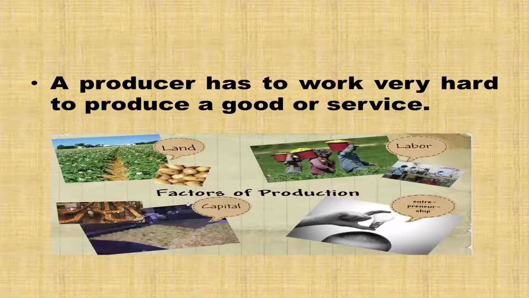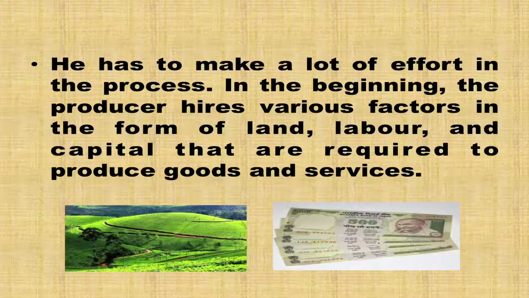A producer has to work very hard to produce a good or service. He has to make a lot of effort in the process. In the beginning, the producer must arrange money to organize the production activity. We have already said that various factors in the form of land, labor, capital and entrepreneurship are required to produce goods.